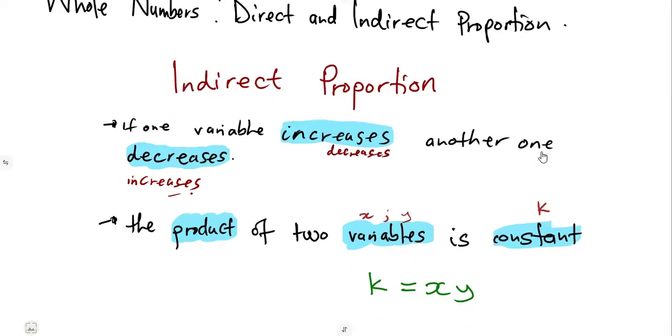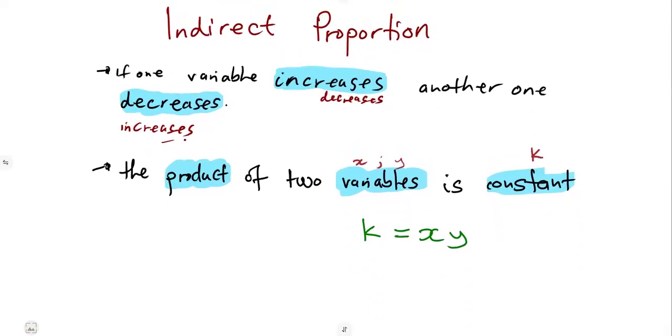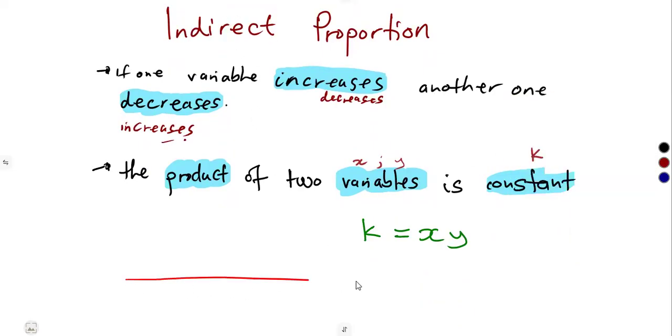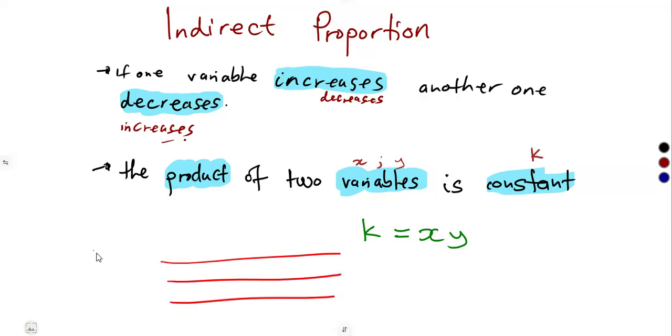So meaning to say, if you are using a table under an indirect proportion and you have a table which shows X and Y, this is how you're going to have it. I'm just going to give you a typical example. For an example, we just have a smaller table here with X and Y like this.